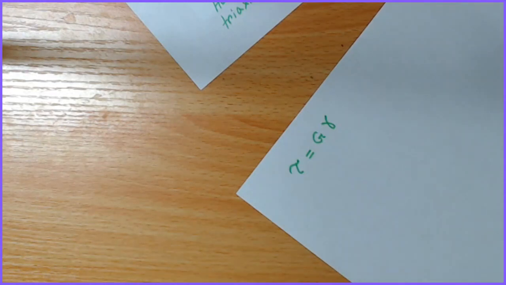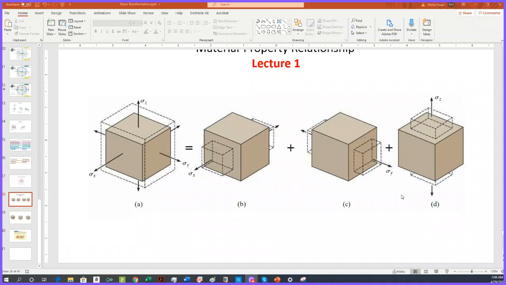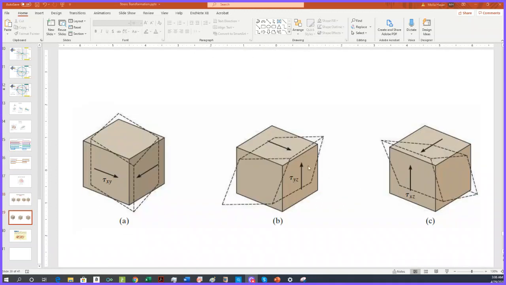And for the 3D element, if it is subjected to a shear stress, for example tau xy, it will deform like that.